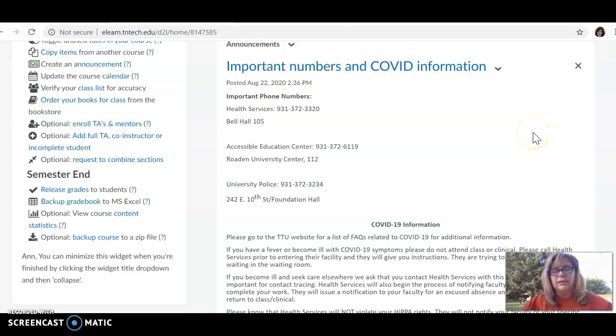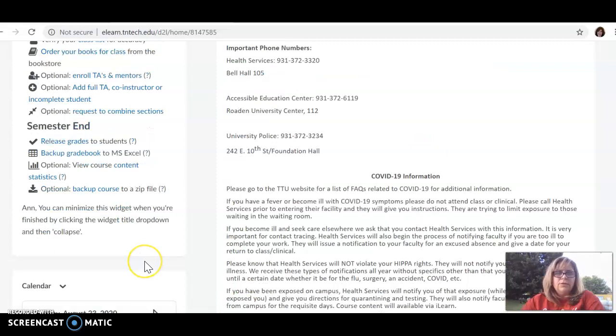Of course, there's lots of policy changes with COVID, but right here you're going to see some important numbers that you may need during this semester. So as I was saying, these are some important numbers you may need, hopefully not, but that you might need during this semester. Health Services, Accessible Education Center, what used to be called the Office of Disabilities, and University Police.